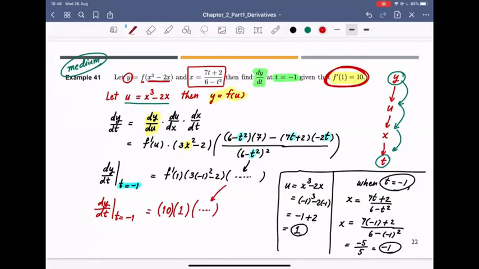Well, I can compute it here. So let's compute it. On the numerator, I plug in t equal to negative 1, so I am going to have 25. And then on the top, 5 multiplied by 7, which is 35, and then minus, so t is negative 1, so that is negative 7 plus 2, which is negative 5, times 2, which is negative 10.